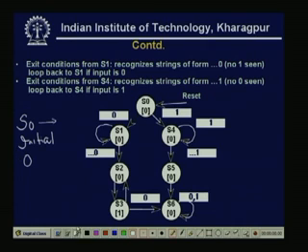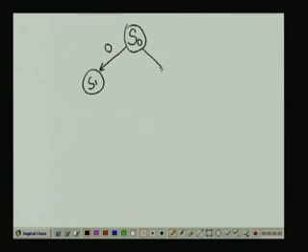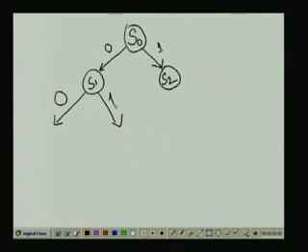Actually, if we see this is my S0 state, now if a 0 input has reached, then it will go to S1, and if a 1 has come, say this is S2. Now, similarly here also a 0 can come, here also a 1 can come.